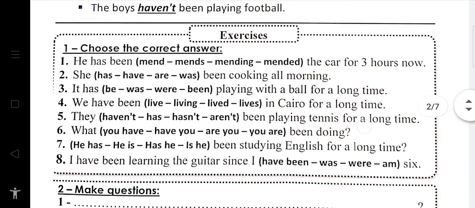The first one, choose the correct answer from A, B, C, or D. Number one, he has been mend, mends, mending, mended the car for 3 hours now. We have to choose mending. Number two, she has, have, or was been cooking all morning.